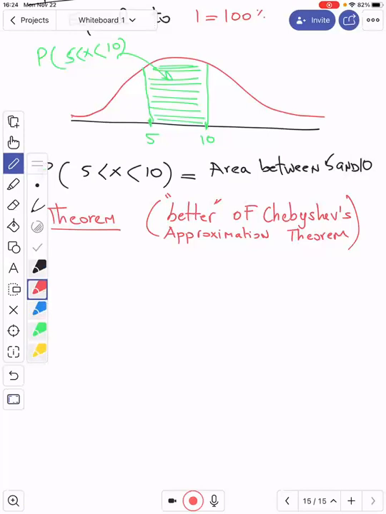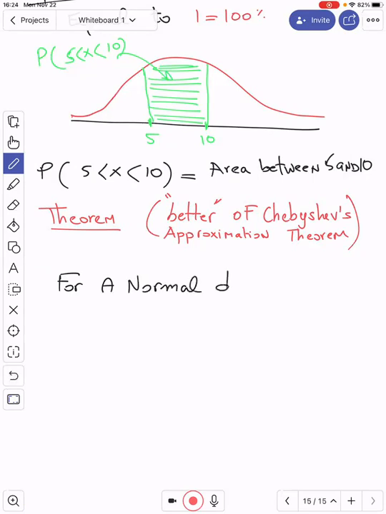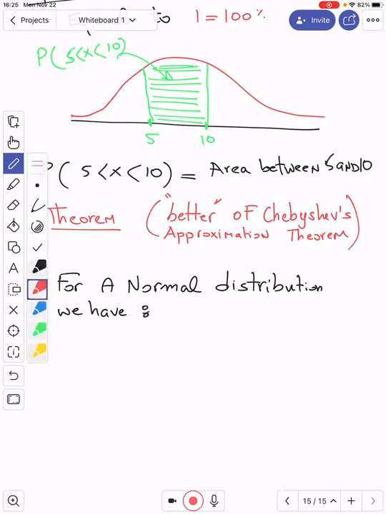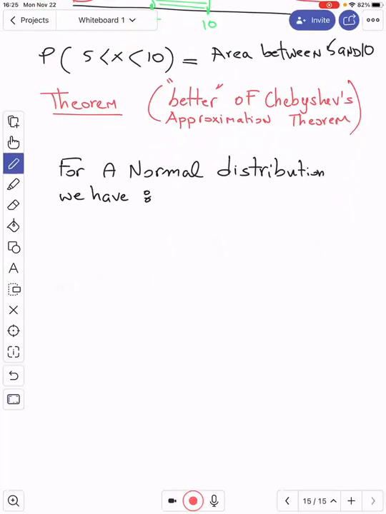So for a normal distribution, we have the following. Let me graph my normal distribution.